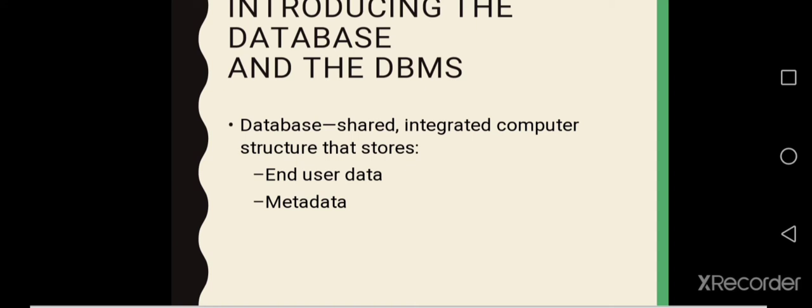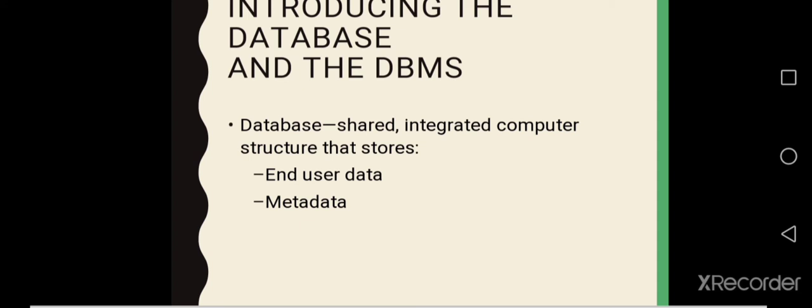Data is a collection of facts and figures which can be processed to produce information. For example, the name of a student, age, class, and her subjects can be counted as data for recording purposes.